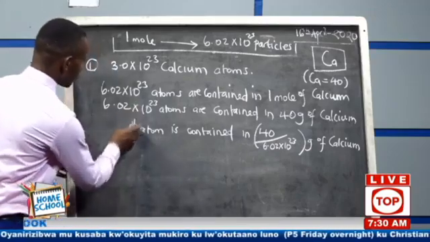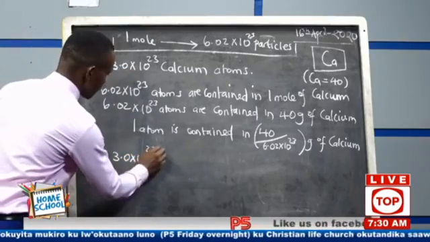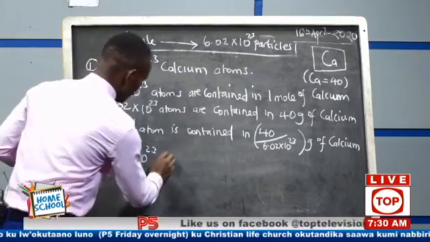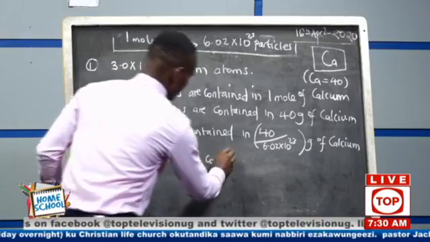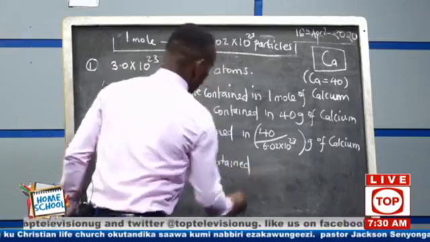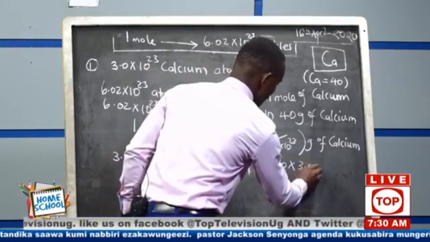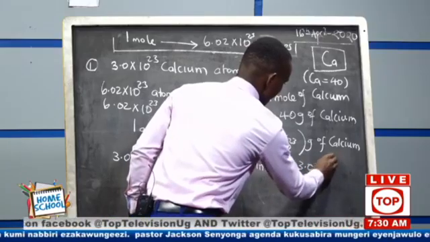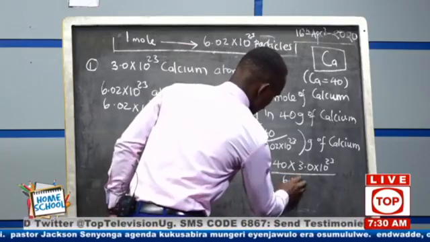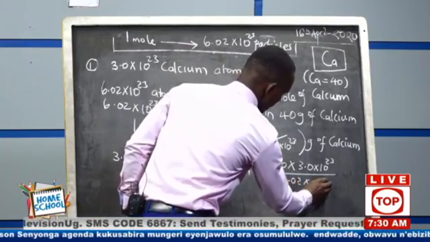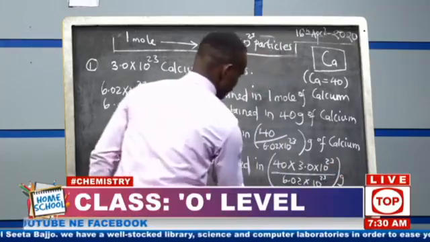Here, once you have 1, now you go back to the question. You say 3.0 times 10 power 23 atoms are contained in 40 times 3.0 times 10 power 23 out of 6.02 times 10 power 23, and those will be the grams of calcium.